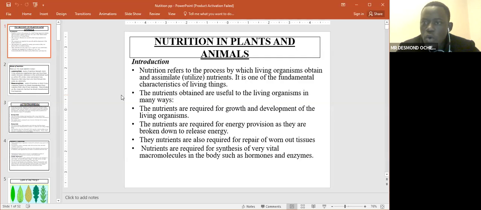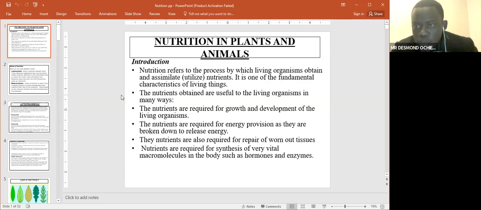For instance, we have 2 main modes of nutrition, that is, autotrophism and heterotrophism. We are going to look at what each of these modes of nutrition means.